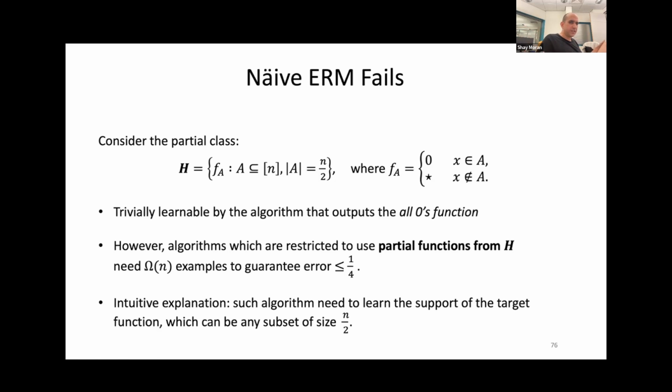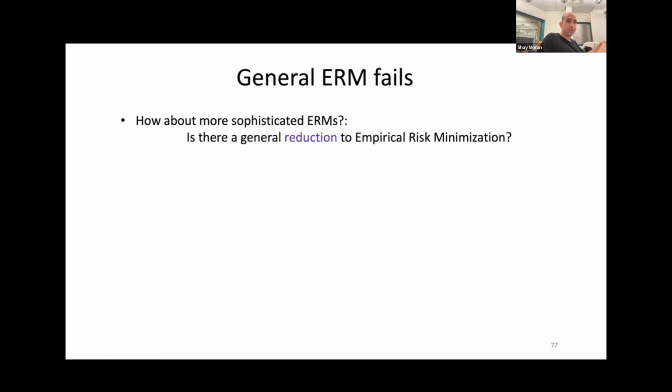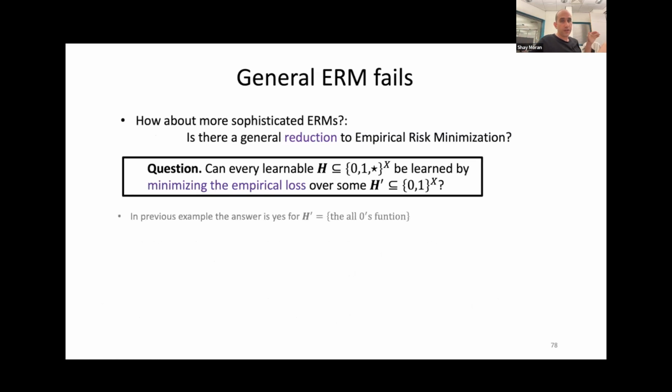Okay, but we see that this example is not really impressive, right? Because you can just output the all zero function. So how about more sophisticated ERMs? Is there a general reduction to empirical risk minimization, right? Can every learnable partial class H be learned by minimizing the empirical loss over some H prime, which is a total class?